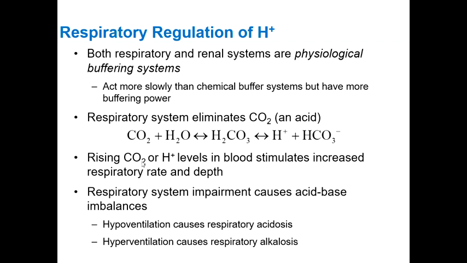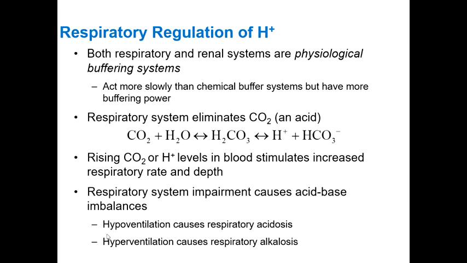So rising carbon dioxide or hydrogen ion levels, because they're intimately related, in blood stimulates increased respiratory rate. So if pH is falling, we want to get more of this out and breathe heavier to eliminate more carbon dioxide so we have fewer hydrogen ions. So respiratory system impairment causes an acid-base imbalance.